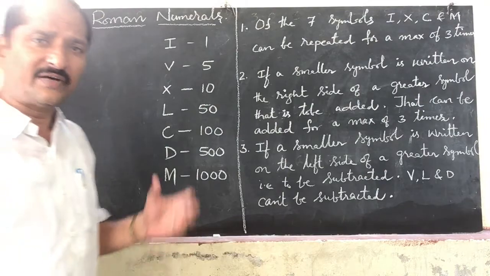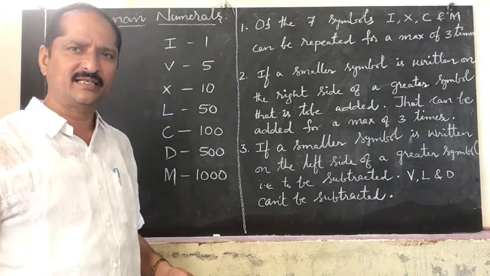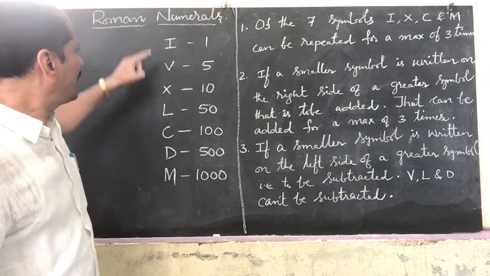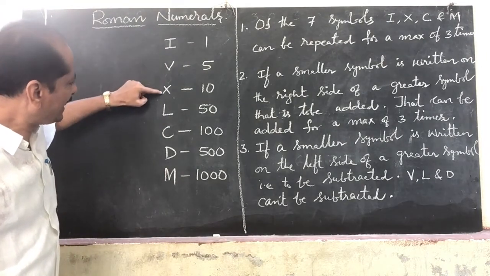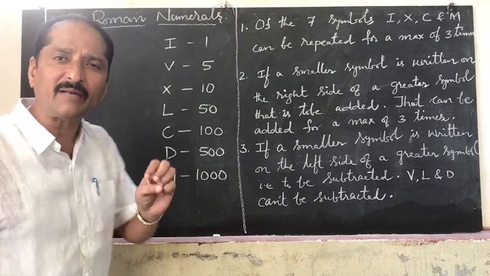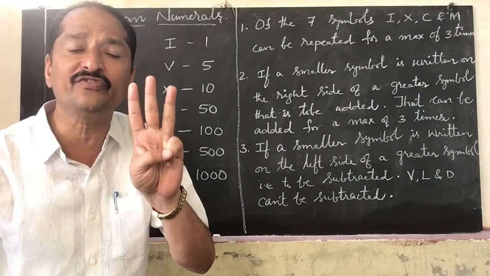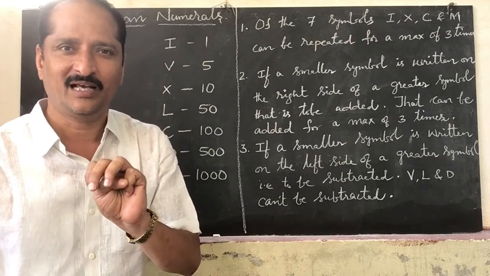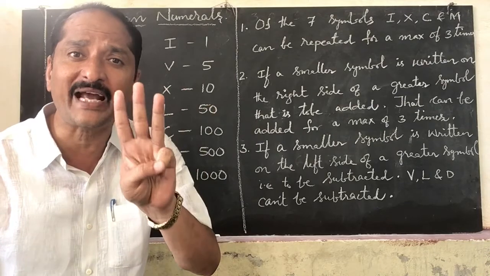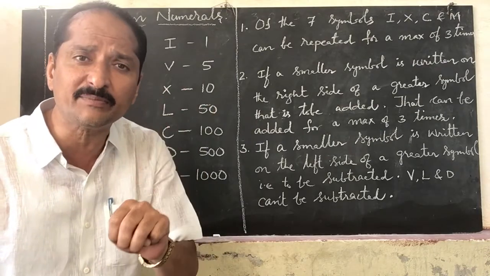The first rule you have to remember is, of the 7 symbols, I, X, C and M only can be repeated a maximum of 3 times. Of the 7 symbols, 4 symbols can be repeated a maximum of 3 times. What are the 4 symbols?